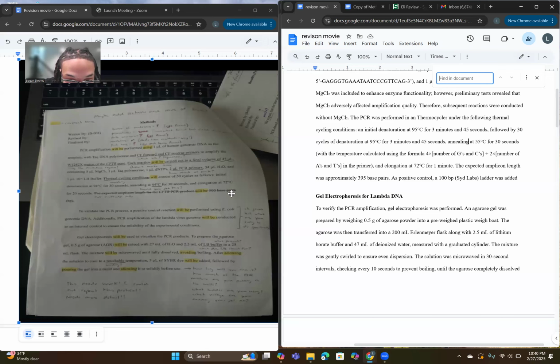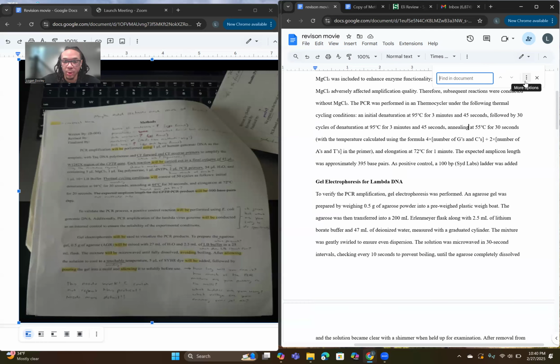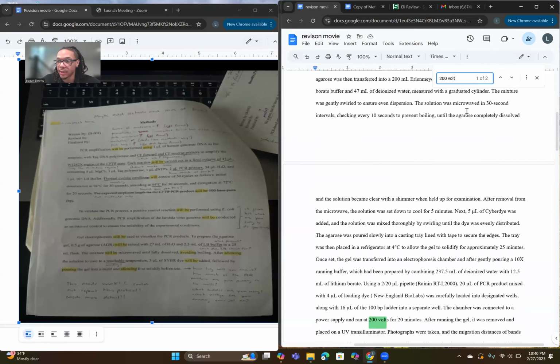There's also a question of how many volts are you using. I mentioned that we're using 200 volts in the second paper, and also for 20 minutes. That's how long we'll run the gel. So I mentioned the voltage and how long we were running it, 200 volts for 20 minutes.